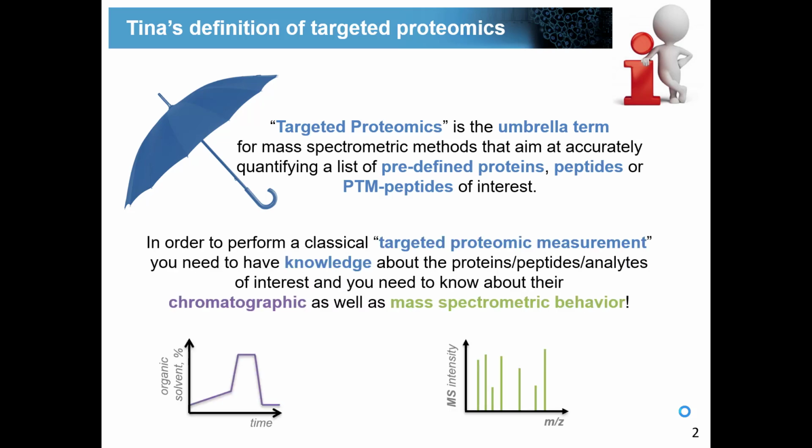And in order to do such a targeted proteomic measurement, you unfortunately need to have some prior knowledge to do that. So you must know how your analytes are behaving on your LC-MS instrument that you work with. So you must know how they behave during chromatography and how they behave in the mass spectrometer.